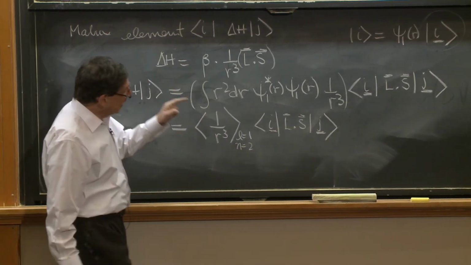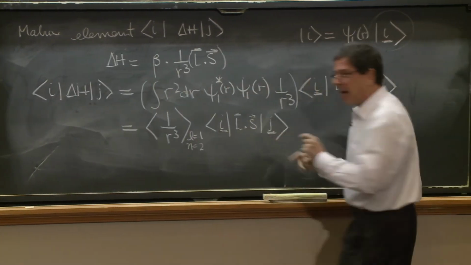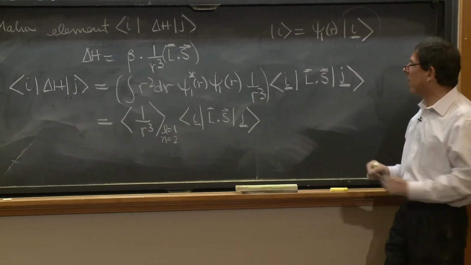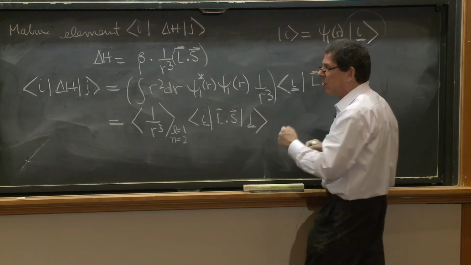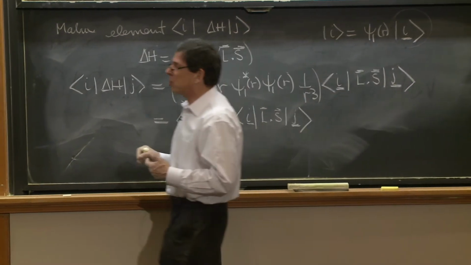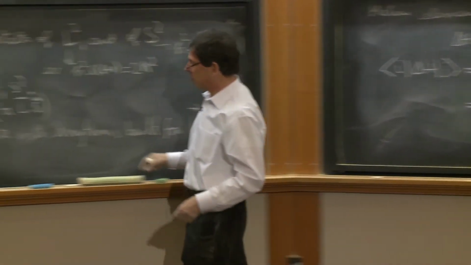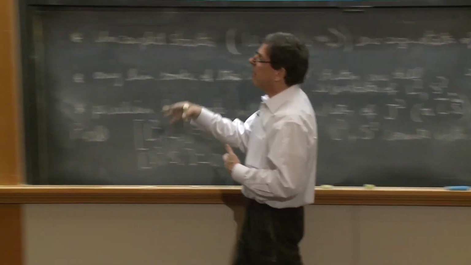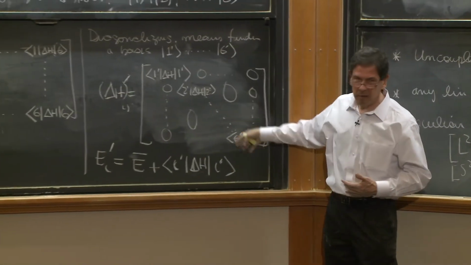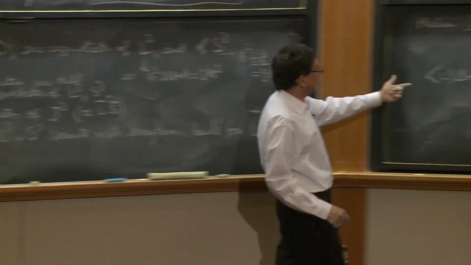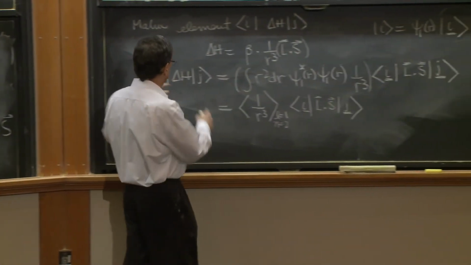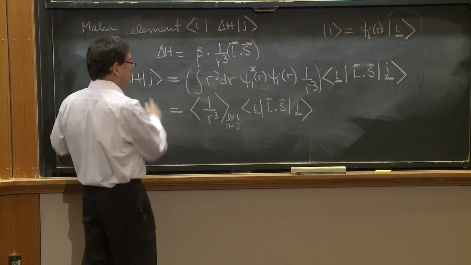And if these states, i underbar and j underbar, are eigenstates of the total angular momentum, this will be diagonal. We will be in the situation we wanted on this blackboard over here, where the perturbation is diagonal. And therefore, this will be the energy corrections if you take i and j to be the same.